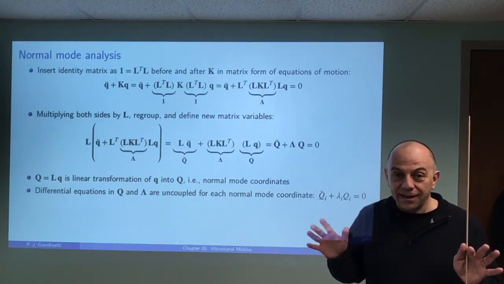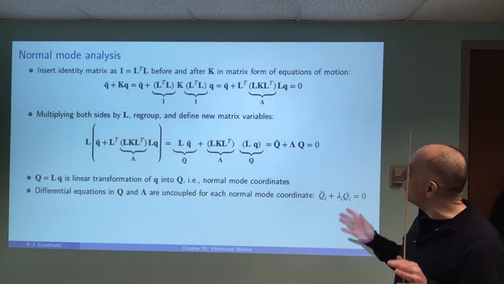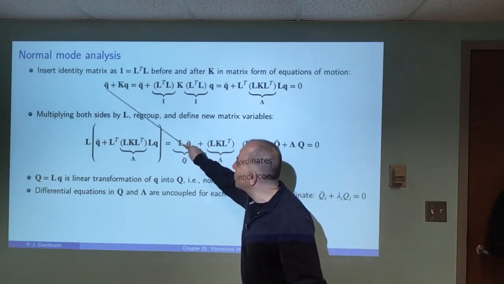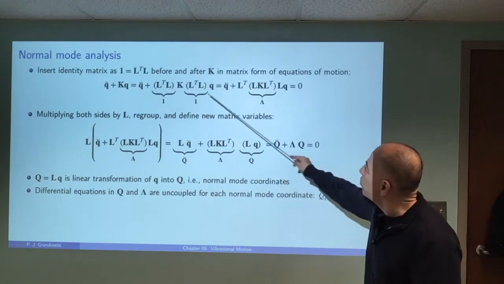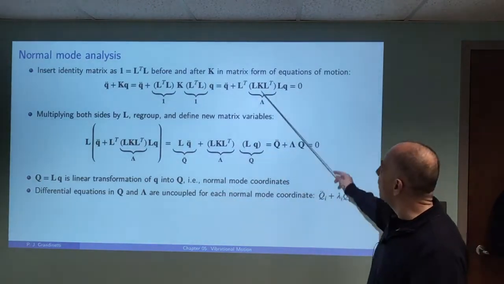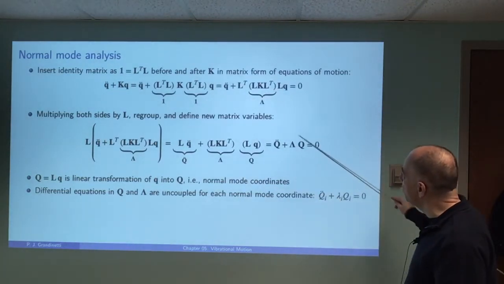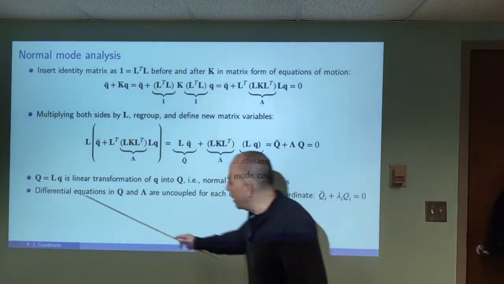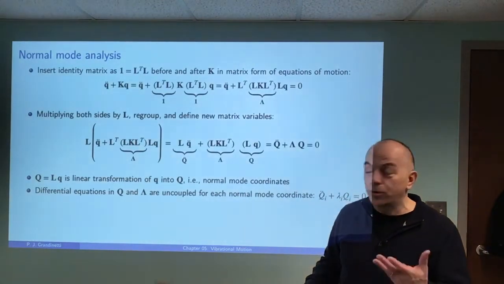So take a stop right there and just take a deep breath and say, oh, wow, okay, you see what we did. We took our coupled differential equations here, inserted 1, and we're able to transform this problem in terms of a diagonalized version of K into an equation that has new variables, which these capital Q's are going to be our normal coordinates.